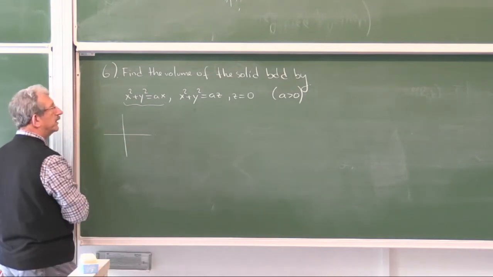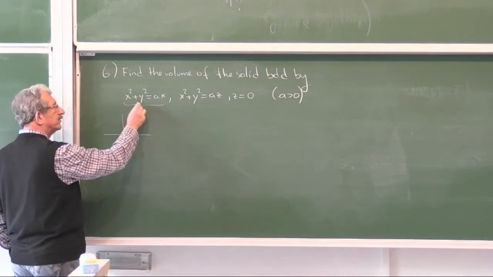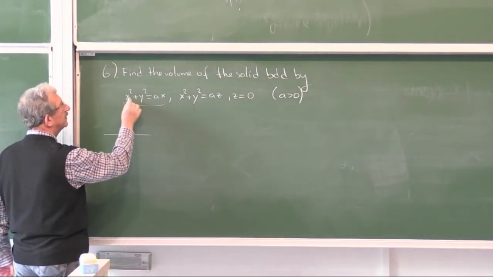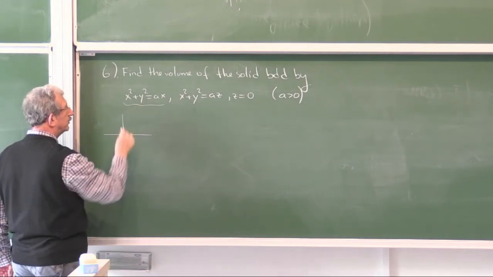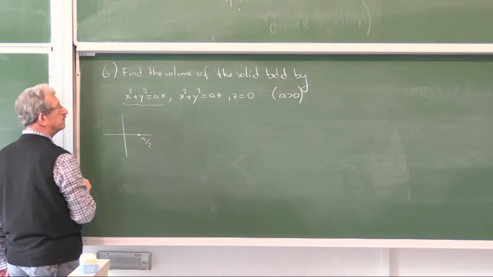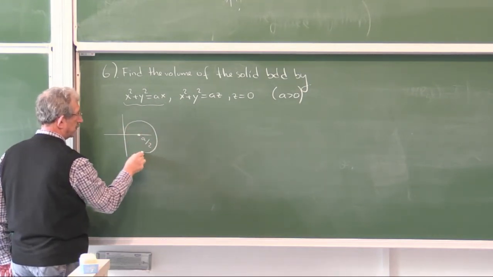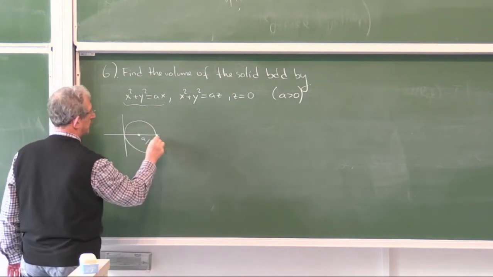This, of course, is a circle with center at x equals a over 2. And clearly, the radius is likewise a over 2. So this is a.